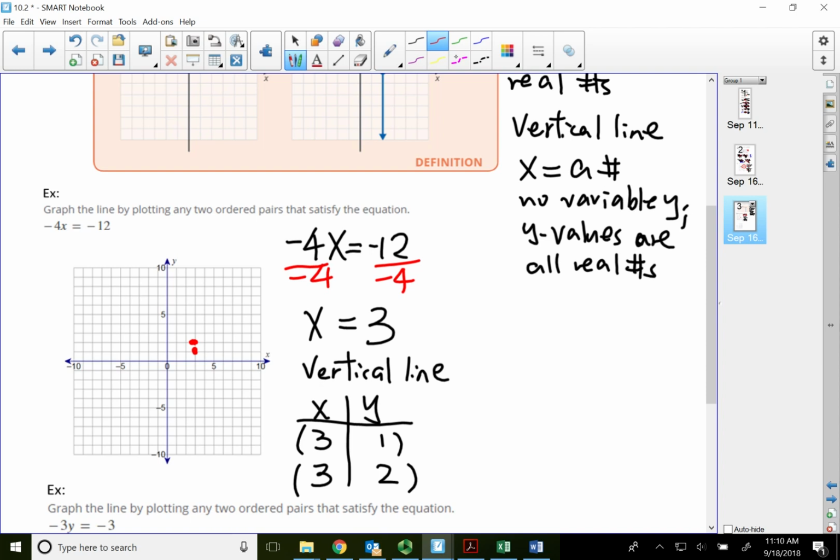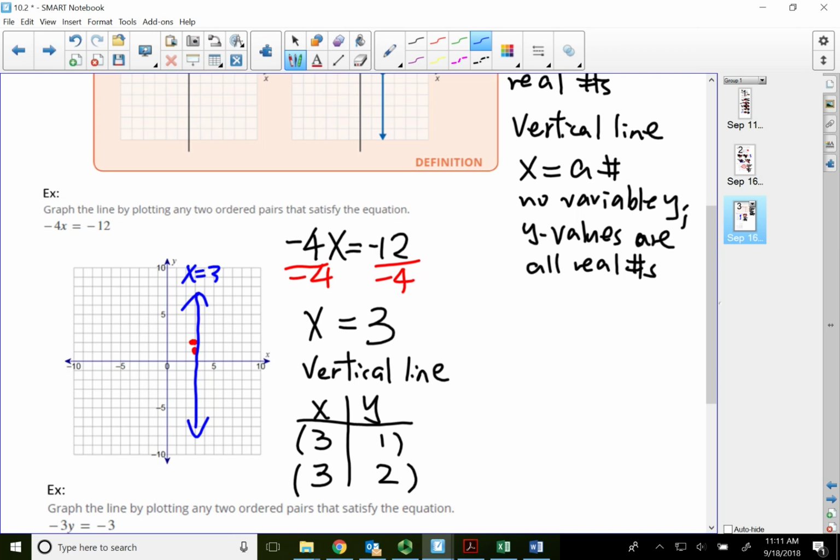These 2 points are on top of one another. When I connect them with a line, that's how I draw a vertical line. On this vertical line, every single x value says 3. It's the y value that's different, but all the x values are the same.